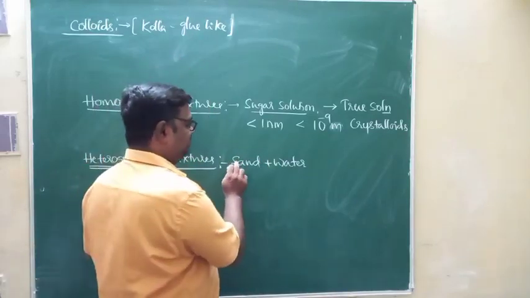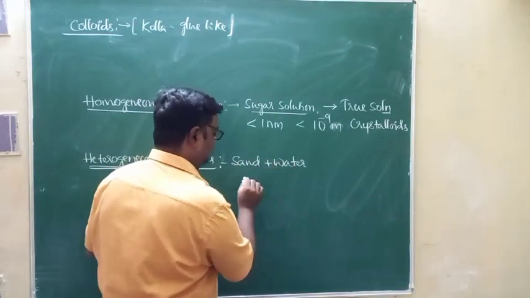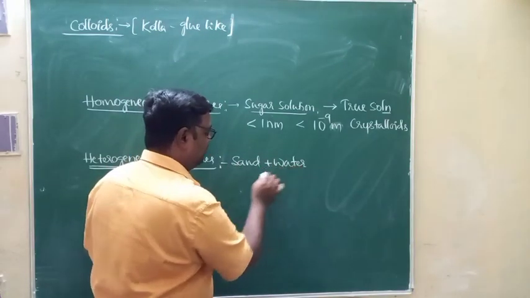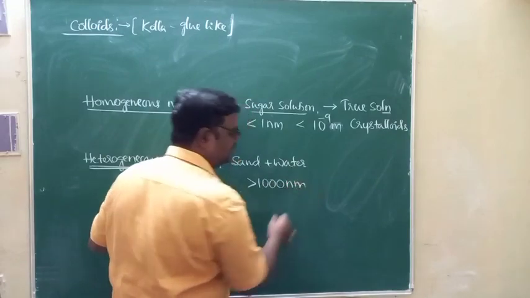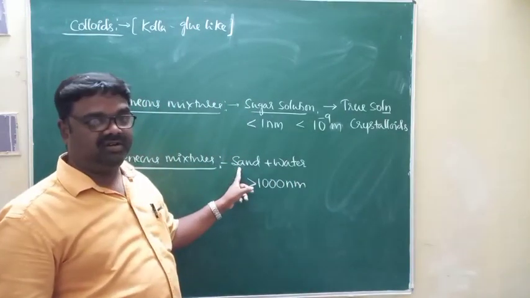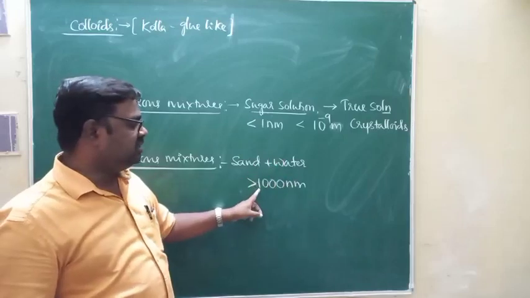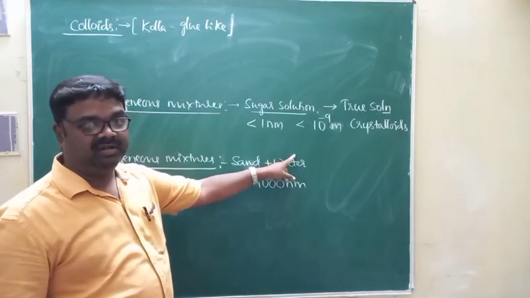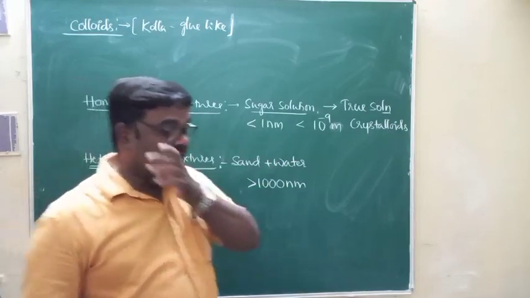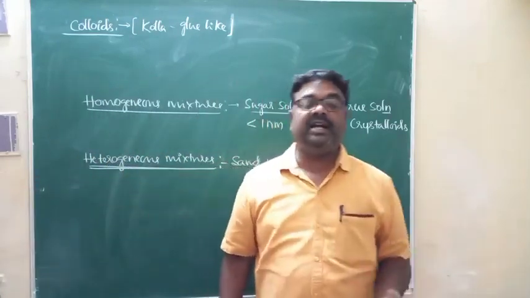Because in the case of sand in water, the size of the sand particles will be greater than 1000 nanometer. Because of that, the sand particles are clearly visible to your naked eyes.